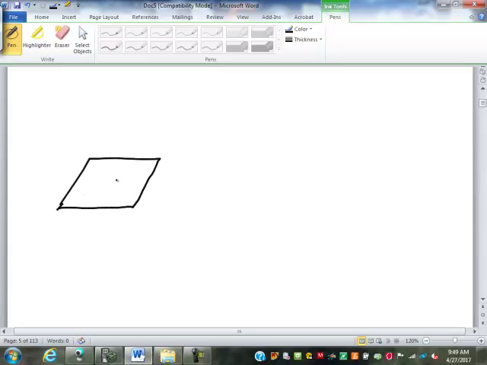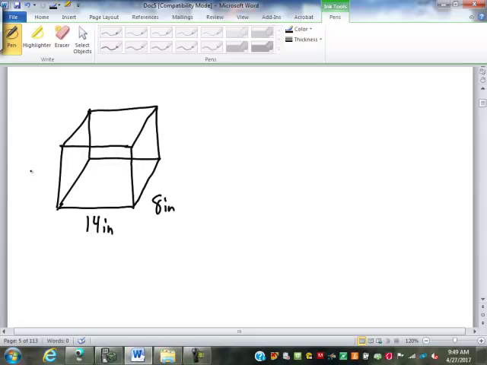So there's the base of our box. Eight inches by 14 inches, we're going to call it. We'll say it's 10 inches tall. Now, we had mentioned yesterday that in a box, pretty much any side of the box can be the base.